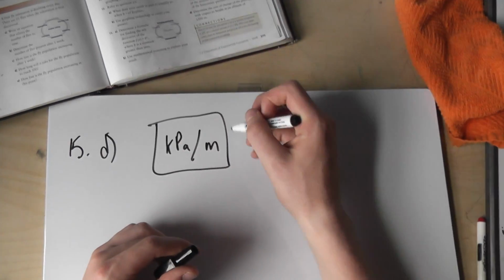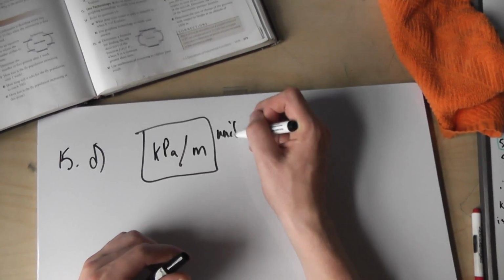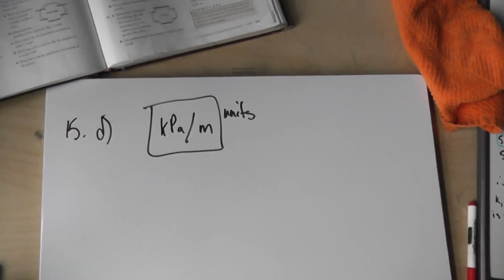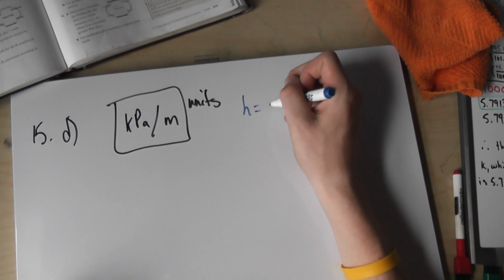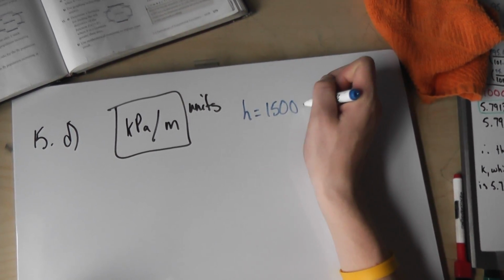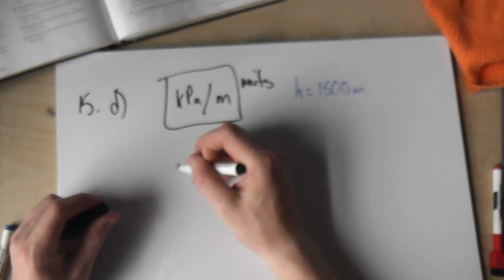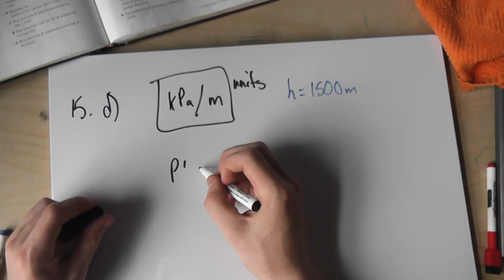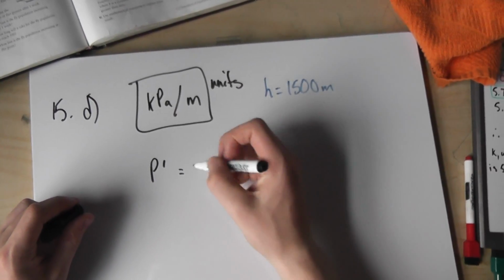So we want to keep that in mind. These are going to be our units. Next, we're given the altitude, and it's 1,500 meters. So we take our equation of the derivative that we found in 15c.